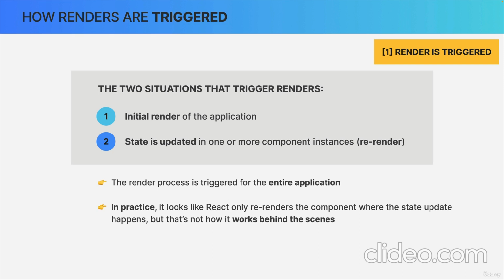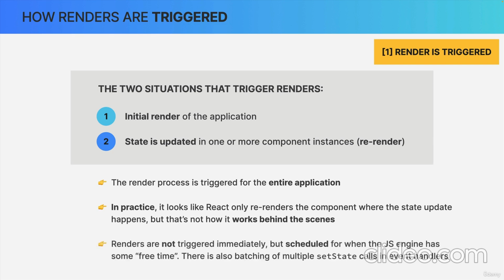Finally, I just want to mention that a render is actually not triggered immediately after a state update happens. Instead, it's scheduled for when the JavaScript engine basically has some free time on its hands. But this difference is usually just a few milliseconds that we won't notice.